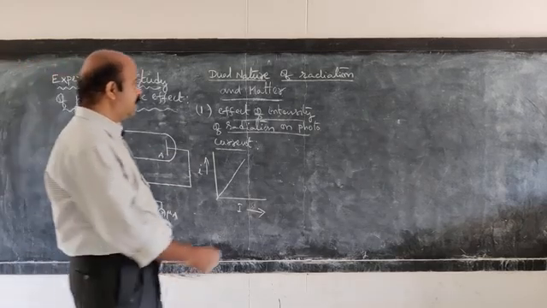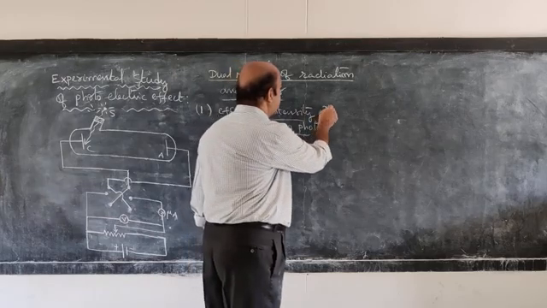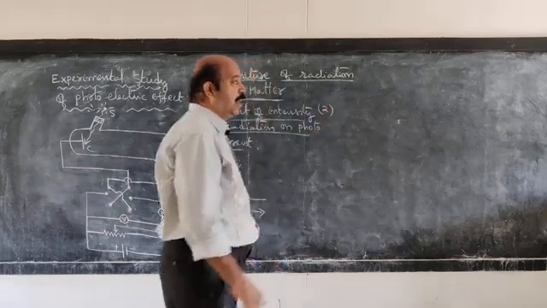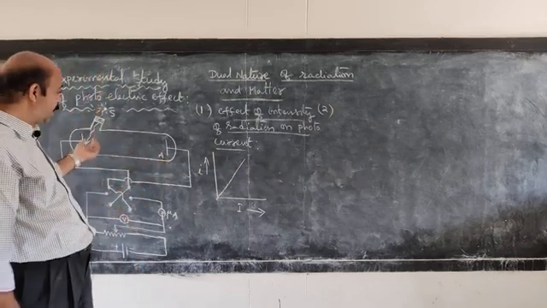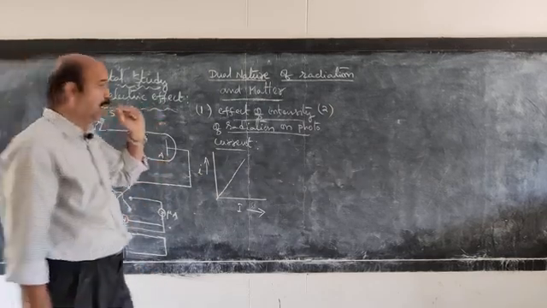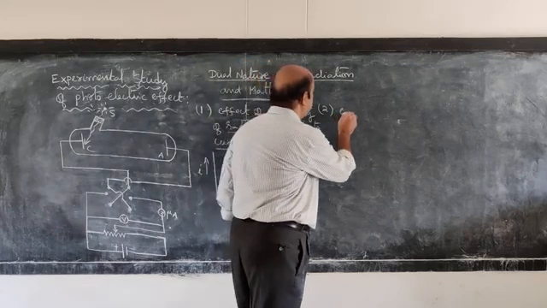The second one is, what is the effect of potential of the anode with respect to cathode on the photocurrent?